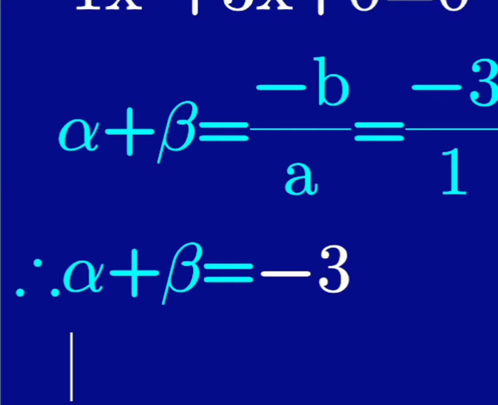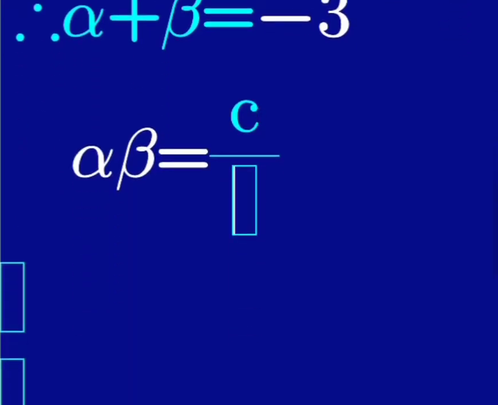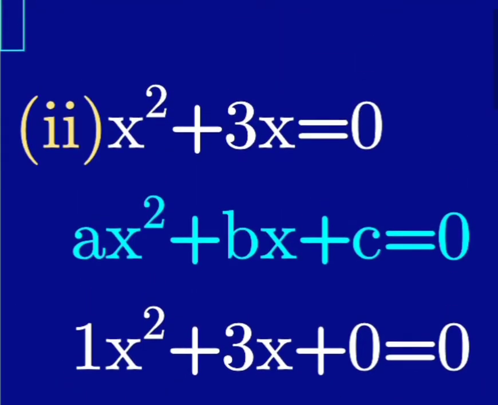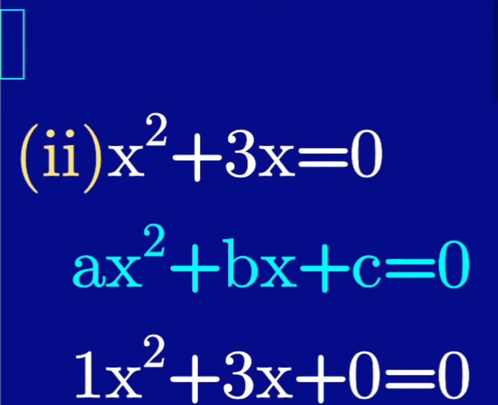Next, we are going to find out the product of the roots, alpha into beta. We know that alpha into beta is equal to c by a, that is constant term divided by coefficient of x squared. In the given quadratic equation, the value of c is 0 and the value of a is 1.